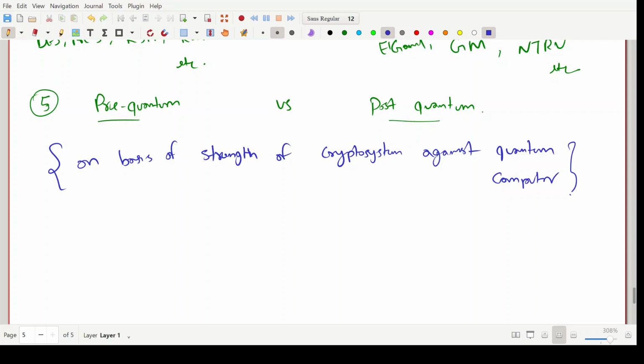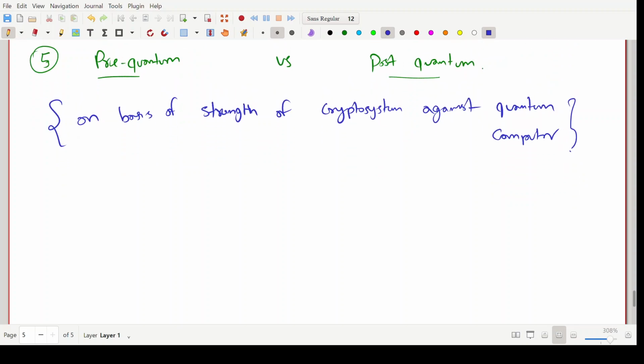What do you mean by that? That means the crypto system which is secure against a quantum computer is called post-quantum. So here, a crypto system which is secure against a quantum computer or quantum algorithm is called a post-quantum crypto system.